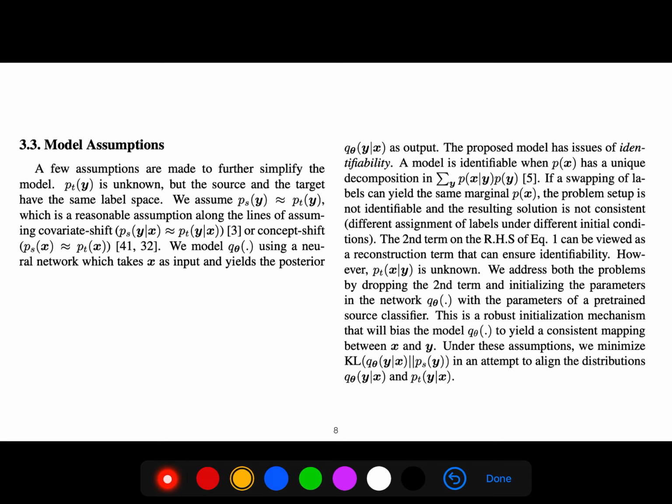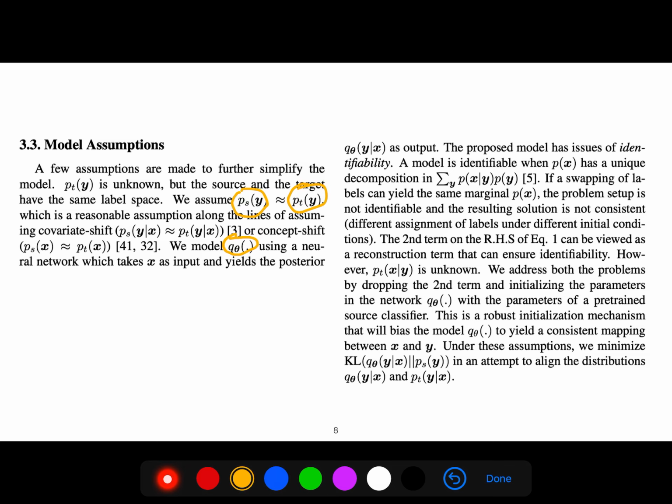We assume that P sub S and P sub T, source and target, are almost the same, which is reasonable along the lines of the assumption of covariate shift. We model Q, our approximation, using a neural network which takes X as input and yields the posterior as output.